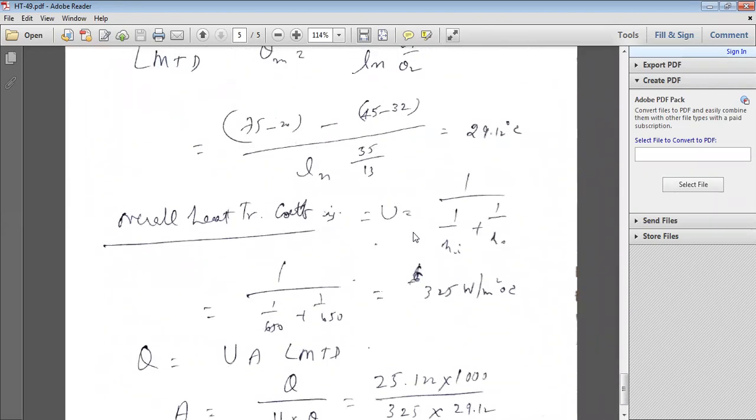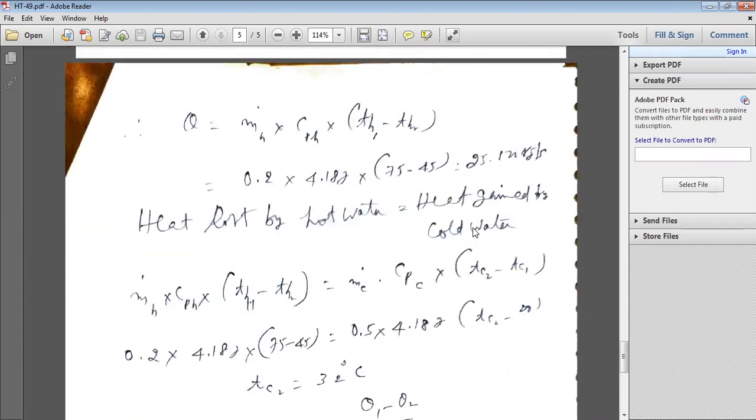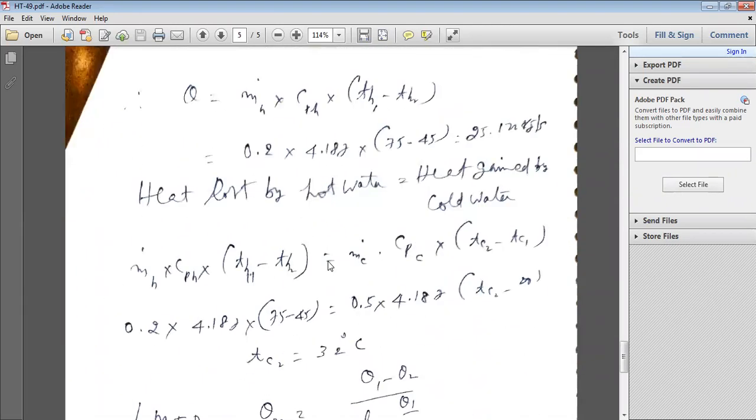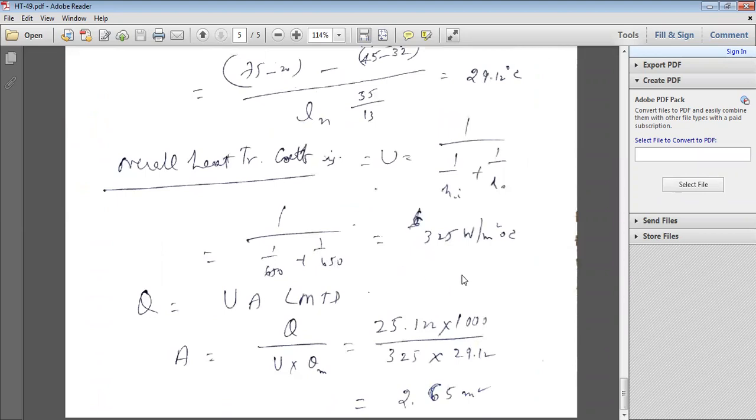Then it is 1 by Hi plus L by K plus 1 by Ho, where L by K is the conduction resistance of the material, L is the thickness of the material, or delta X, and K is the thermal conductivity of the material, for a unit area.